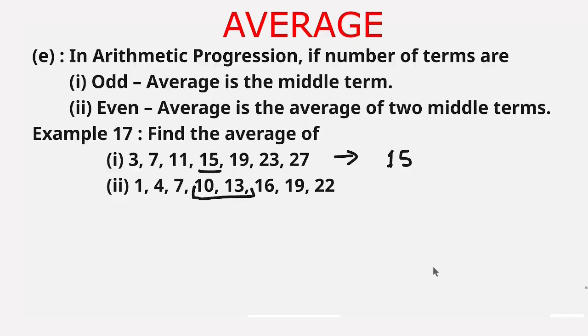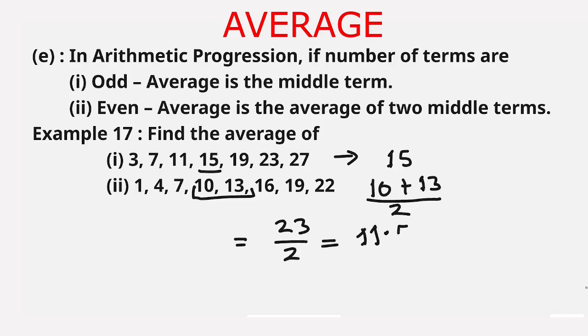So we will find the average of 10 and 13: 10 plus 13 divided by 2. This is equal to 23 divided by 2, and this is equal to 11.5.